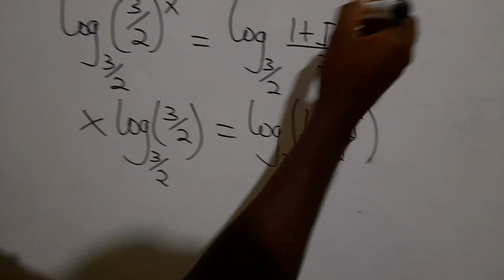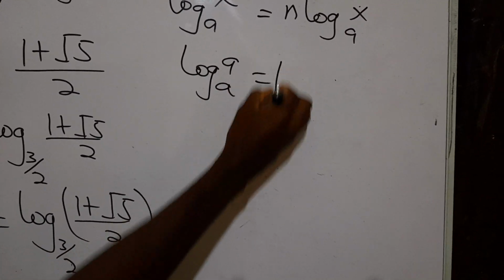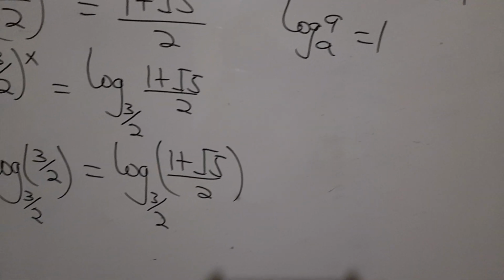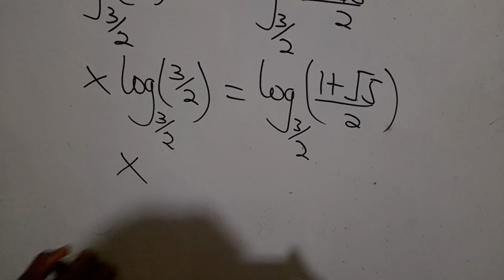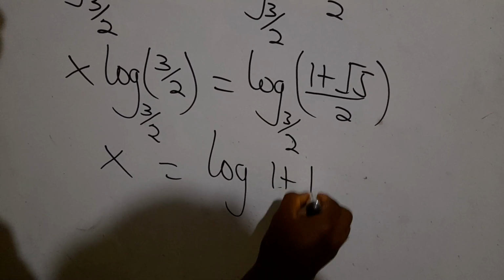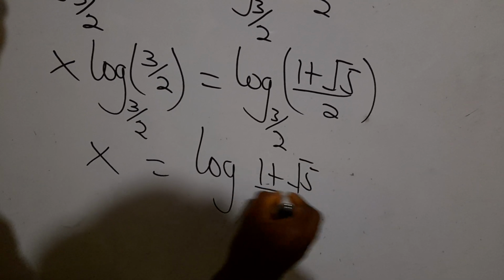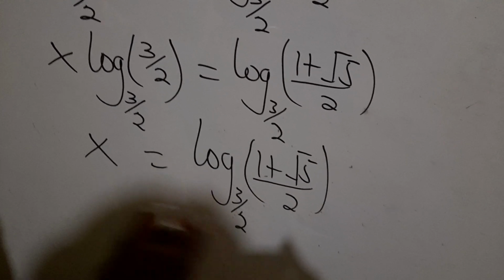Then also remember, a log to the same base is 1. Then we can say this is 1. So we have only x equal to log 1 plus root 5 all over 2 base 3 over 2.